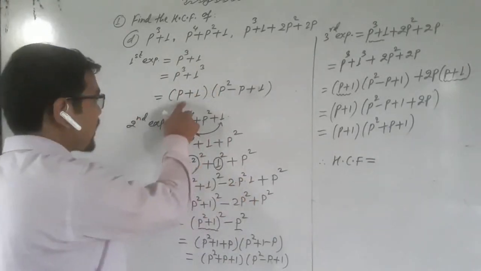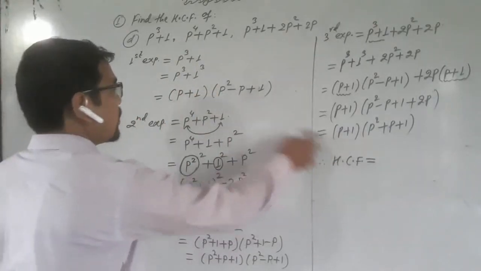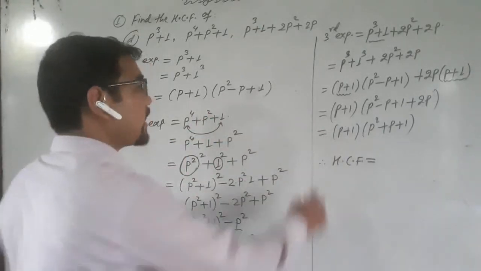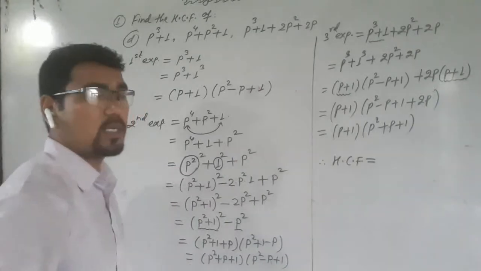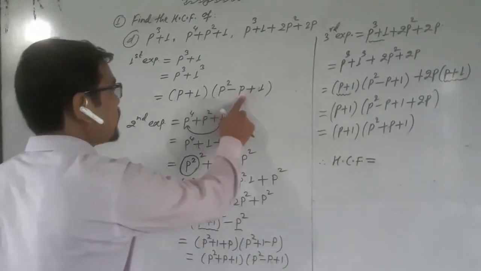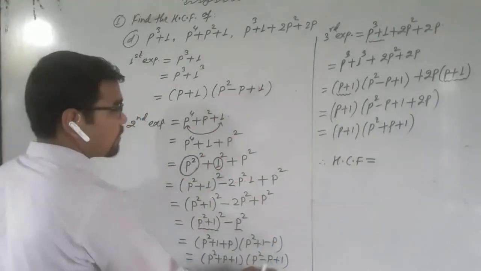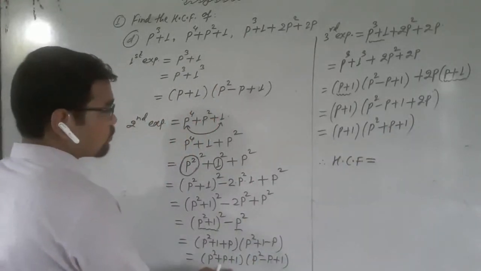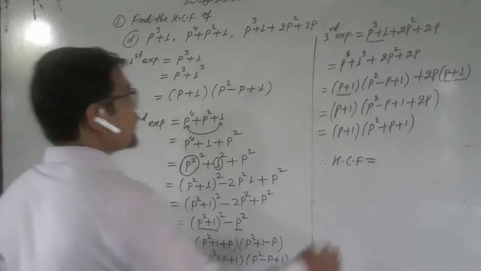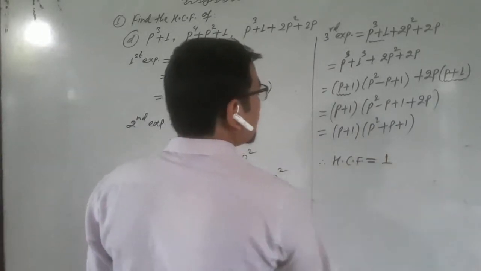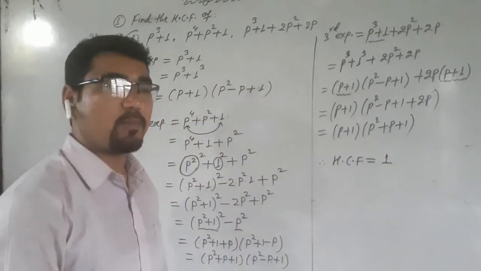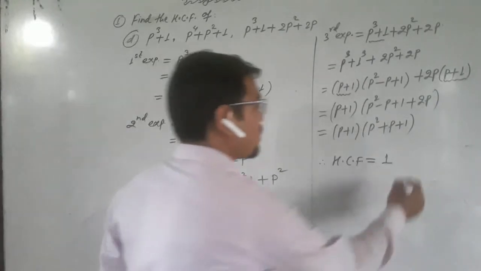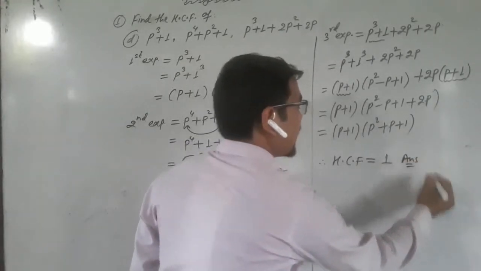Next, p square minus p plus 1 is not in the others, and p square plus p plus 1 is not in the others. So HCF is equal to 1. If there is nothing common in all the expressions, we write 1 as the answer.